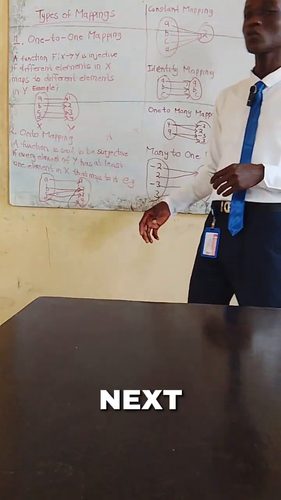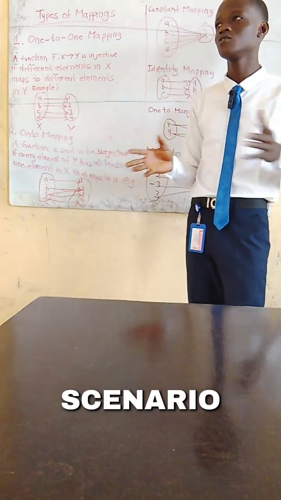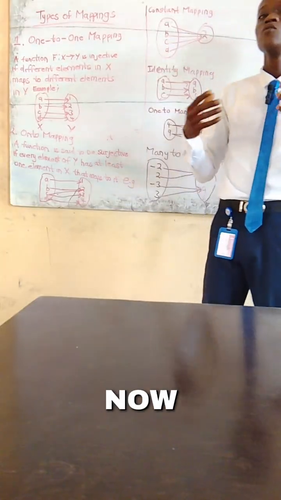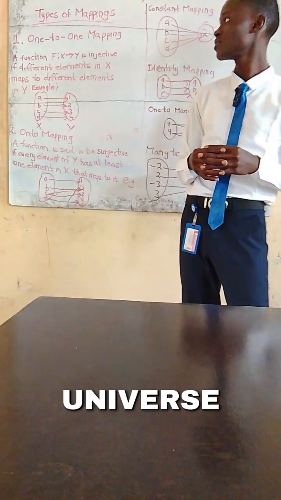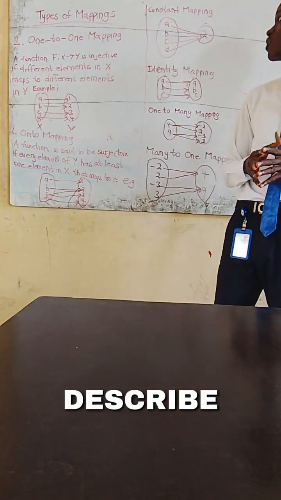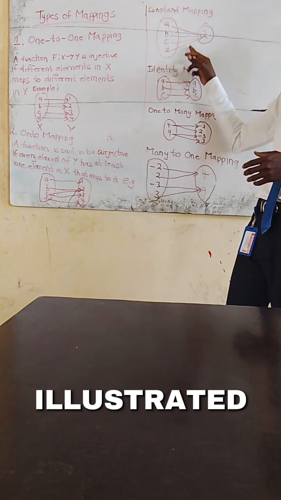The next one is the constant mapping. I want to use a real-life scenario for it. We know God created us and also the universe, and we describe God as the figure of 2 here, while everything he created is illustrated here.